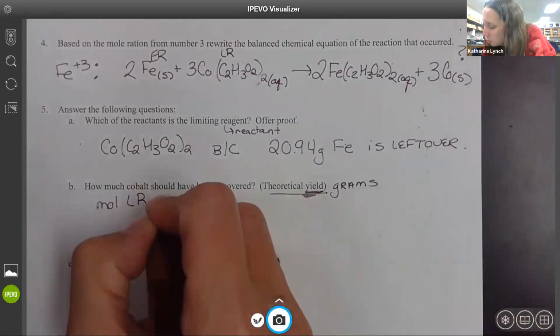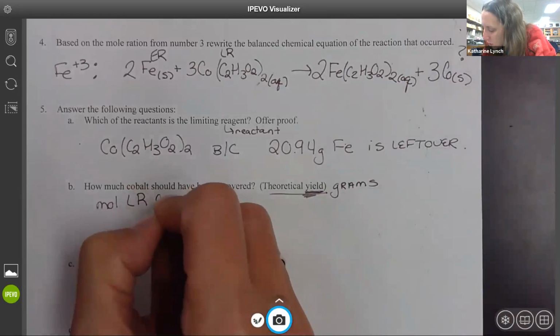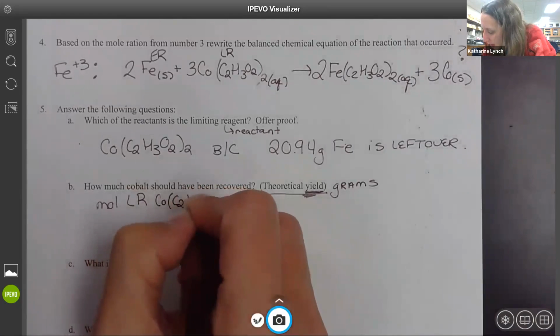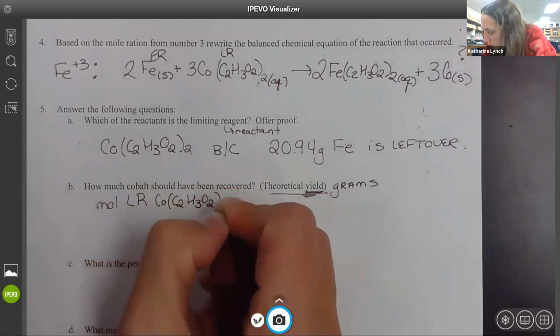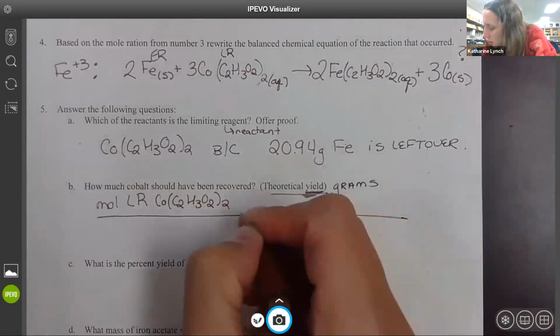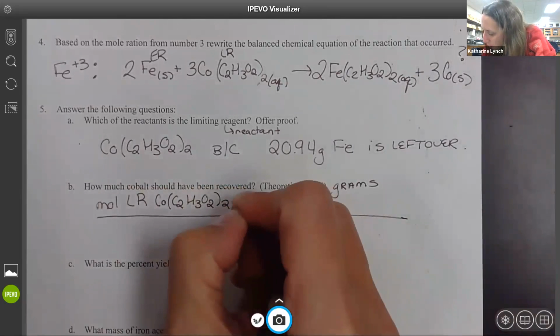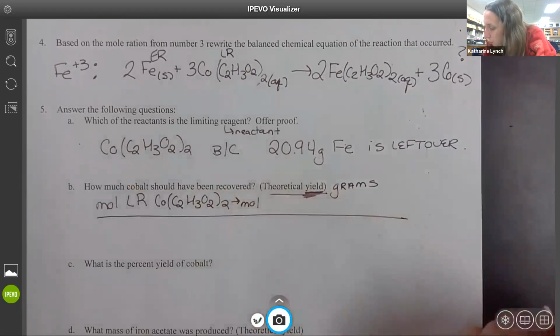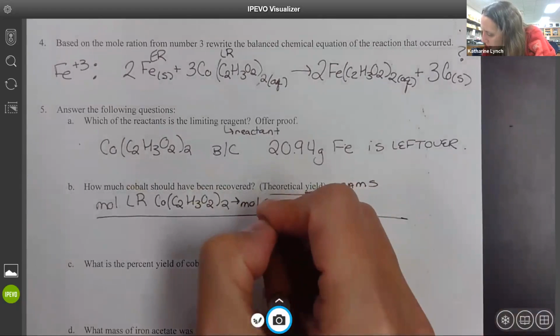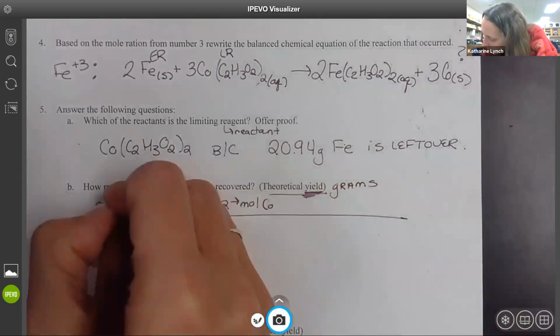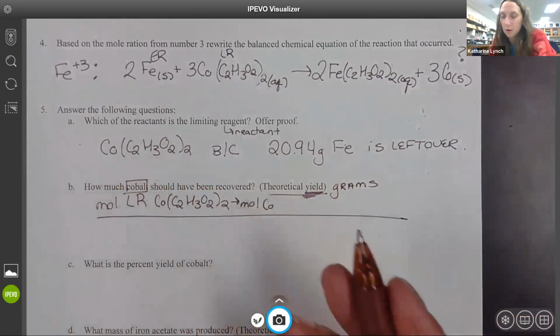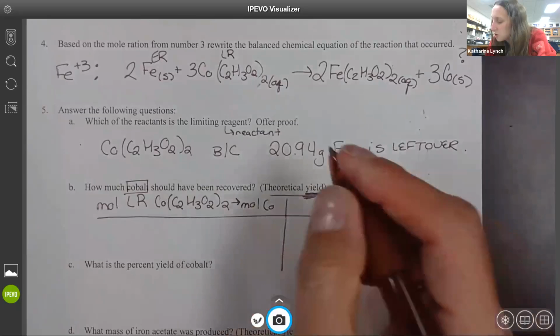I'm going to go from moles of my limiting reactant, which is cobalt(II) acetate, to moles of my product, cobalt. How much cobalt should have been recovered? So I'm going to have to use a mole-to-mole ratio here.